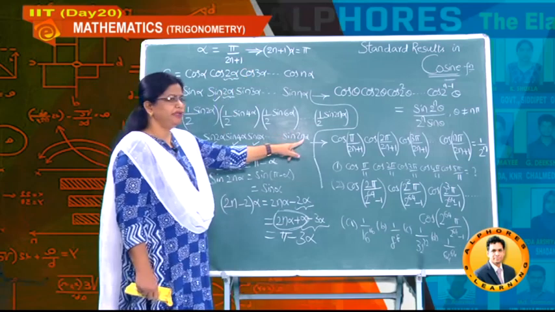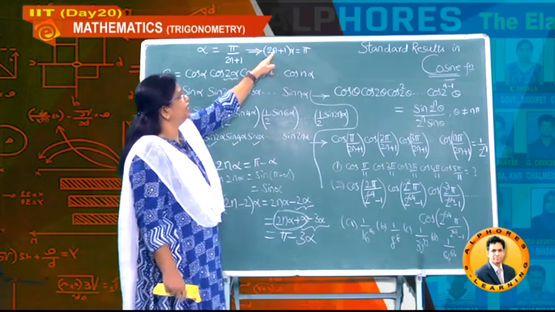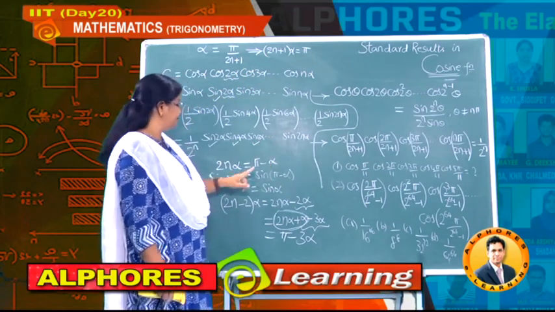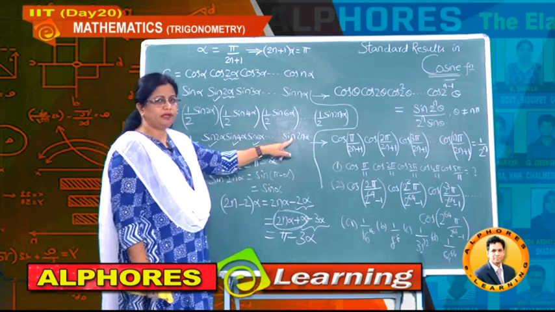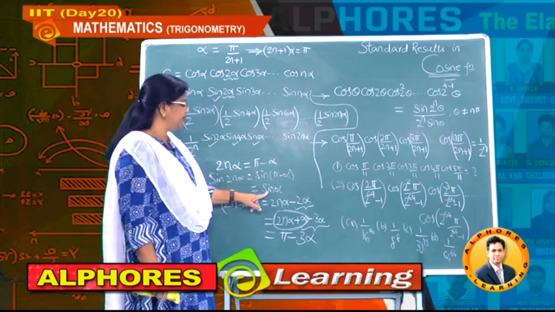They cover every value just by making use of this result. So 2n alpha can be written as pi minus alpha, because 2n alpha plus alpha is pi, and we send the alpha value to the other side, and we require the sine function. So sine 2n alpha is sine of pi minus alpha, that is sine alpha.